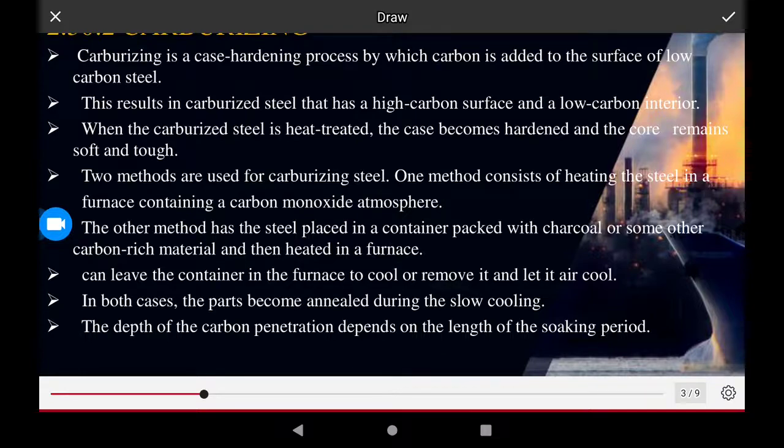This results in carburized steel that has a high carbon surface and a low carbon interior. When the carburized steel is heated, the case becomes hardened and the core remains soft and tough.